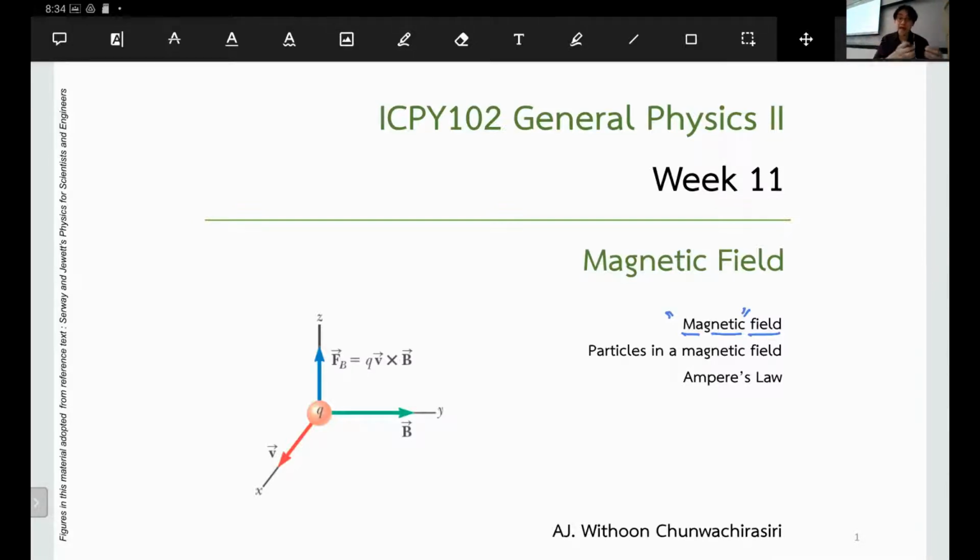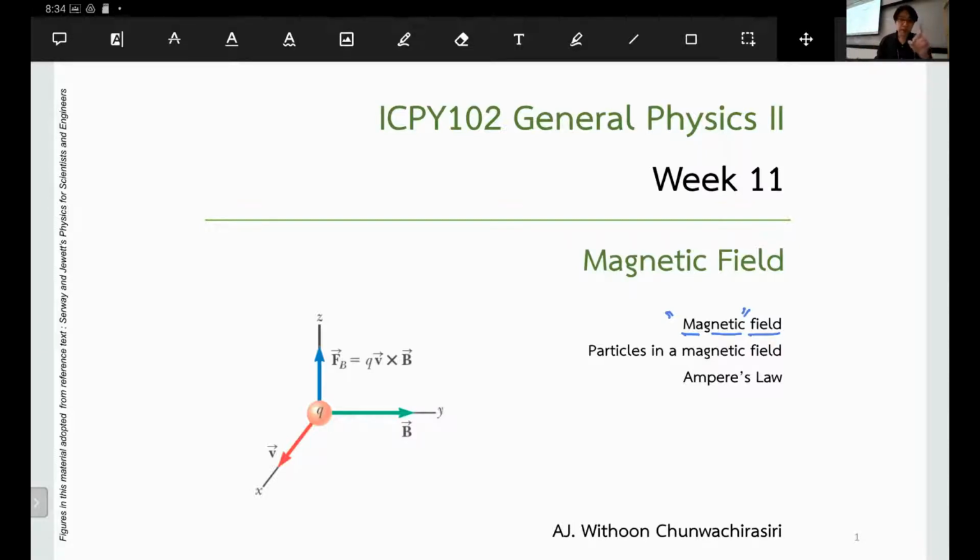We had charges as the source of the electric field. What we will learn today is what kind of source generates the magnetic field. If you see the equivalence between the two sources, then the rest of the concept about fields will be about the same.